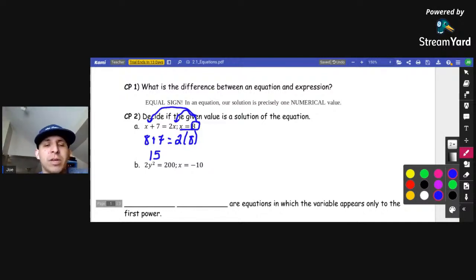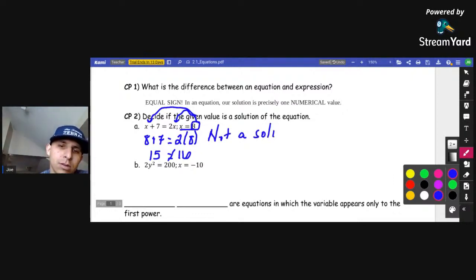But something that I always make a point to emphasize is anytime we say 2x, we don't use an operation. What operation are we implying? A better way to describe this using English would be 2 times x. And 2 times x would indicate 2 times 8, and that would give us a 16. And evidently 15 does not equal 16, so this is not a solution.